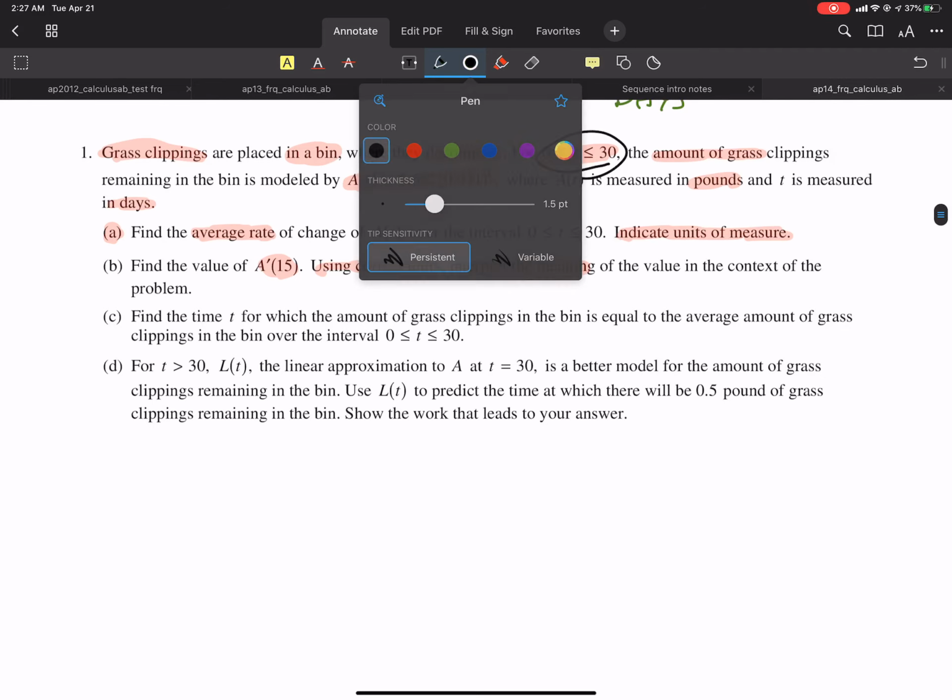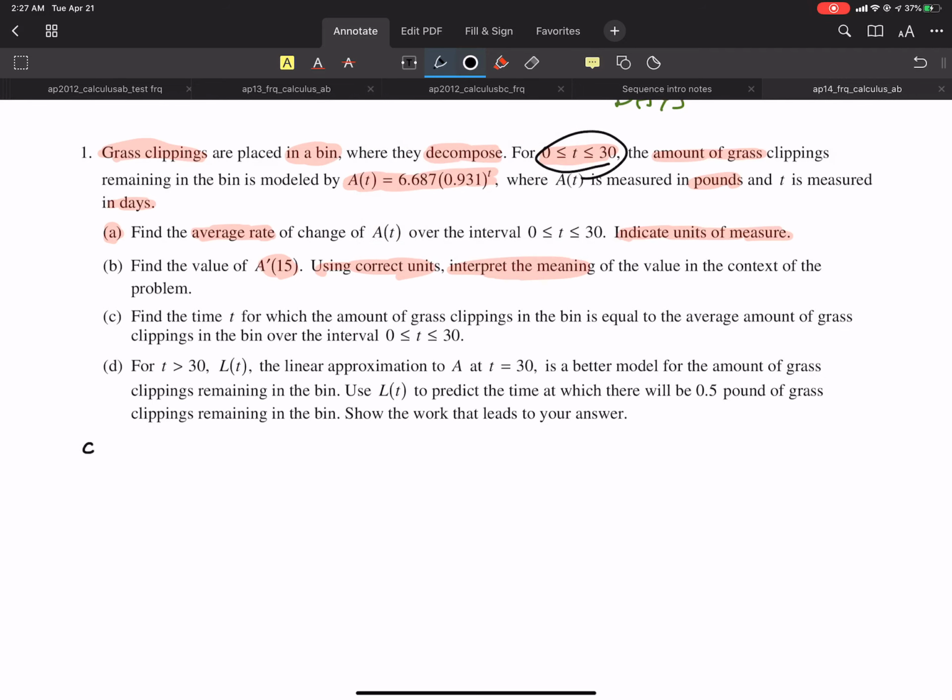Let's get through this. Part C, find the time when the amount of grass clippings in the bin is equal to the average amount of grass. So the amount of grass clippings in the bin, that is simply A of t, is equal to, and they want the average amount of grass.